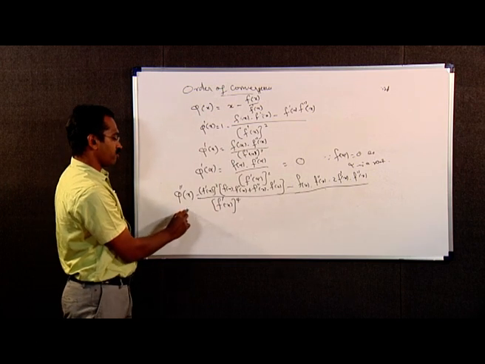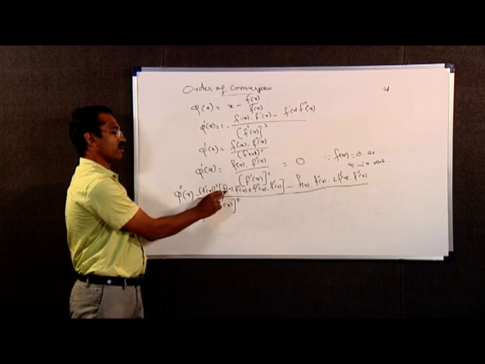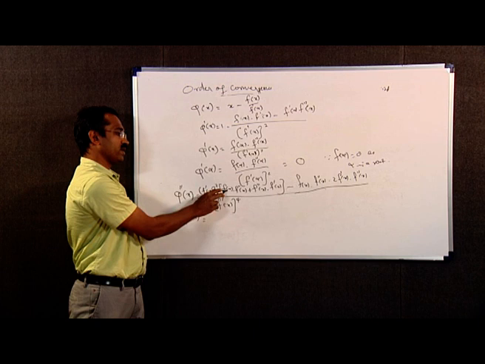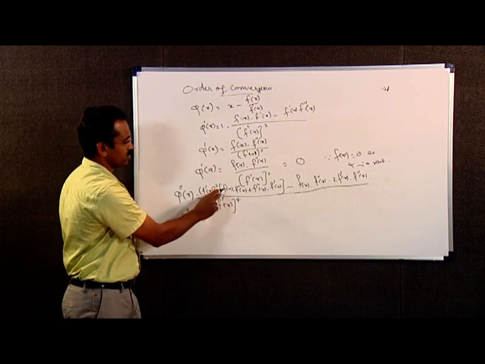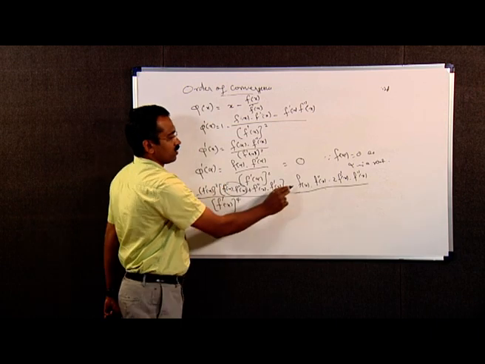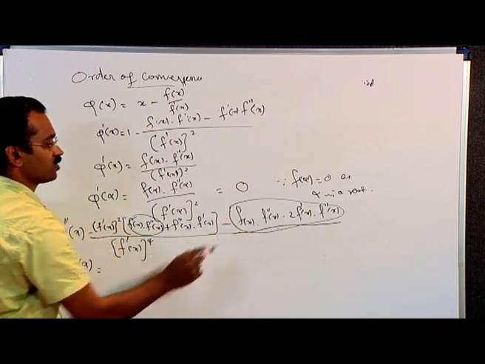Now, phi double dash of alpha. Here, if we substitute alpha, we will get f of alpha, which is equal to 0, because alpha is the exact root. That is why this term is 0. Here also the f of x term will become 0.